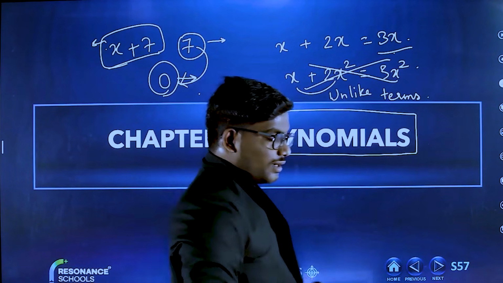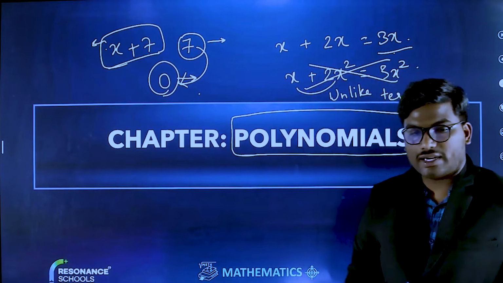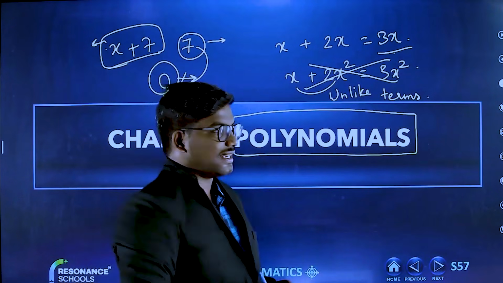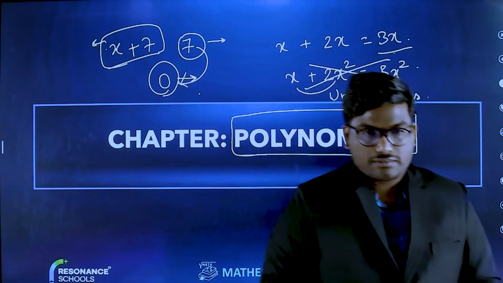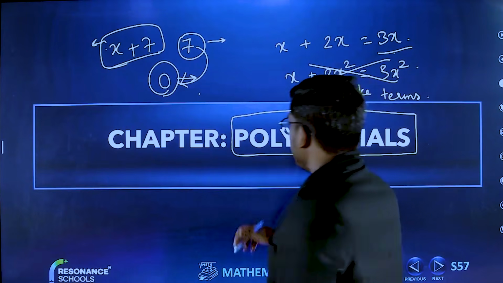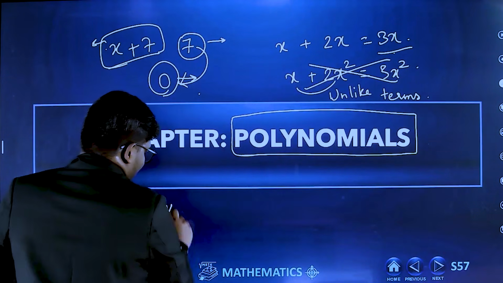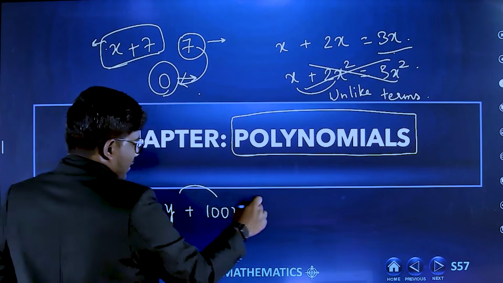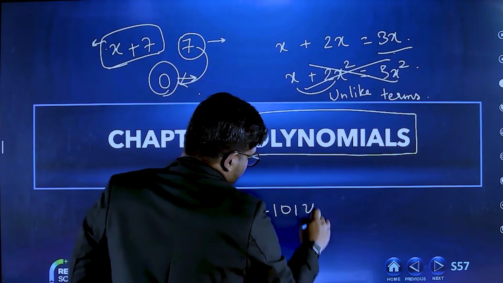Now the core idea in mathematics, or in algebra particularly, is that we can add, very ruthlessly, very unapologetically, like terms. If you have say y and 100y, you can just add them and it becomes 101y.